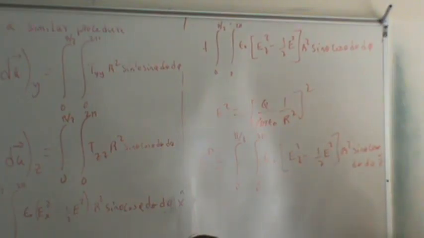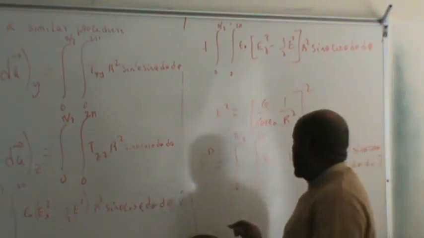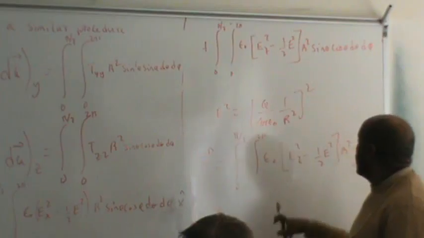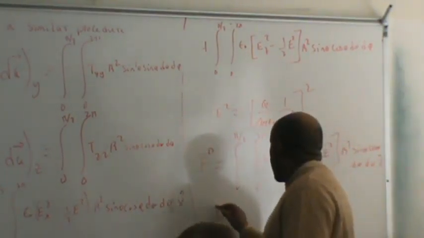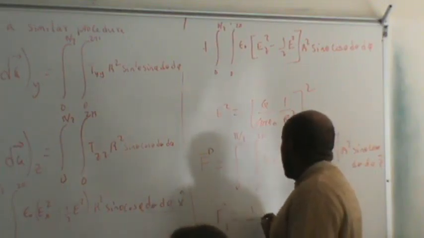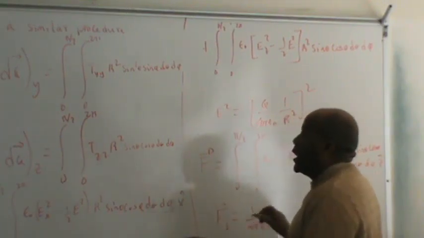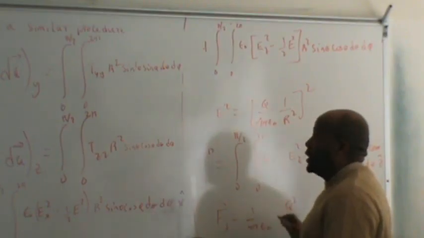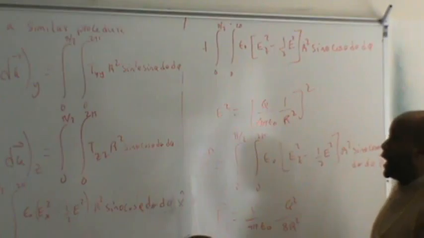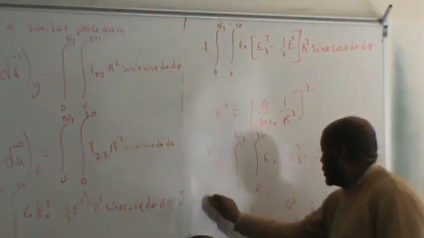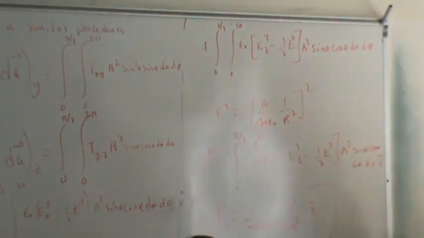This is what you find after you carry out the integration using those components for the electric field. You end up with F1 equals 1 over 4 pi epsilon naught, q squared over 8 r squared, along the z direction. Okay. So that's not the whole force.